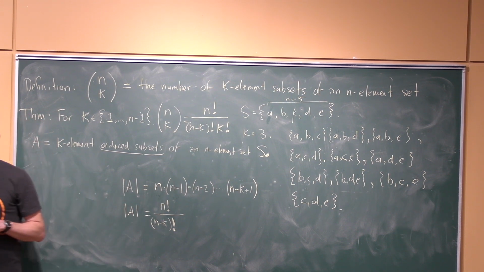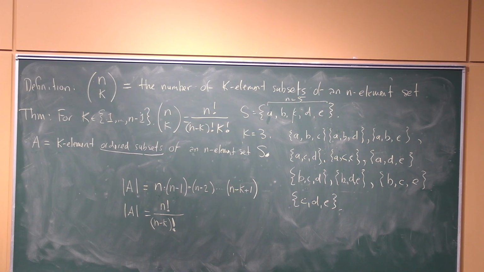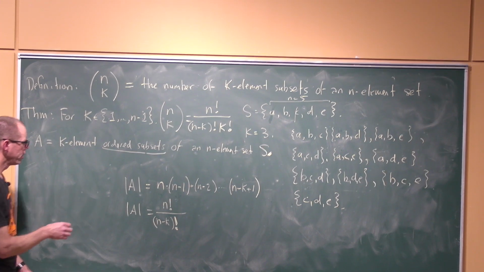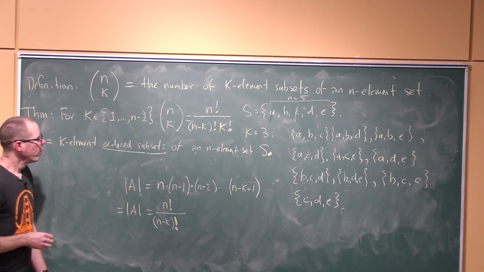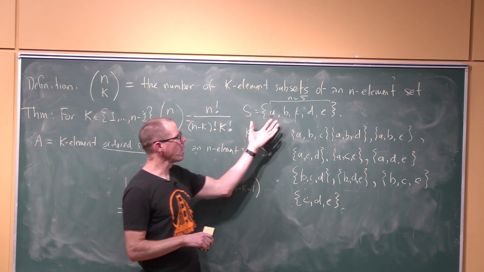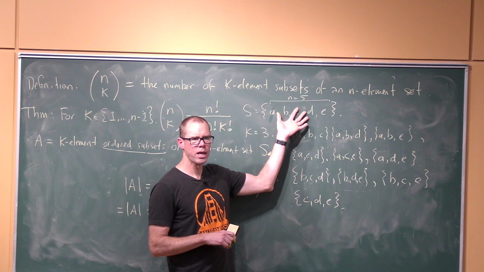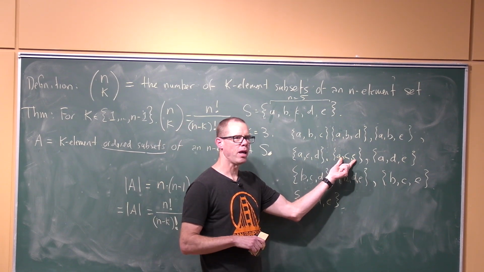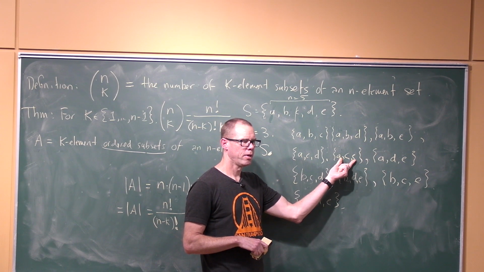Let's count the size of A a different way. Here's how we'll list all of the elements in A. First thing I'll do is pick from S a subset of size k. So for example, here I take one of these things, ACE. So that's a subset of it.